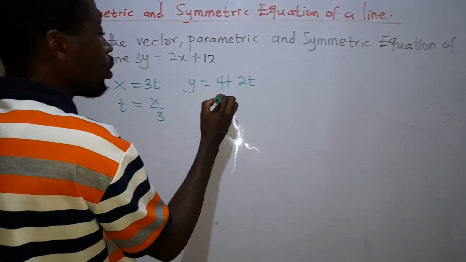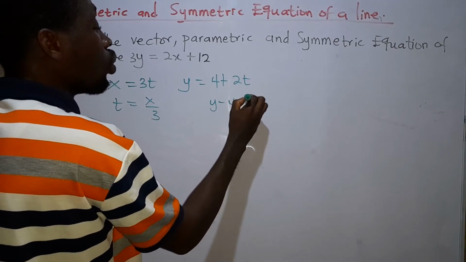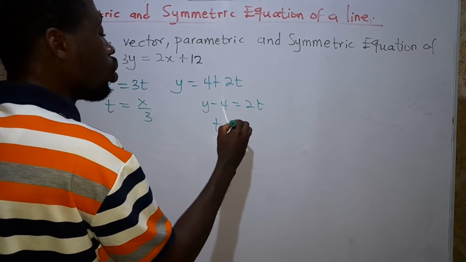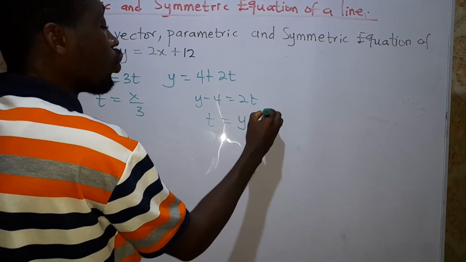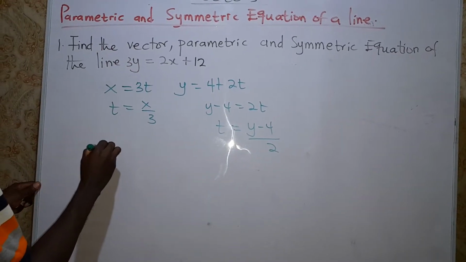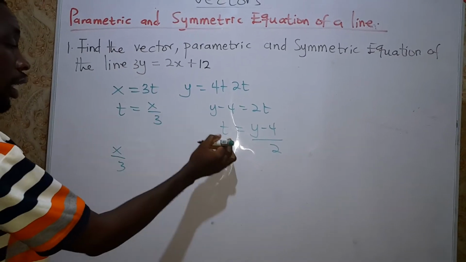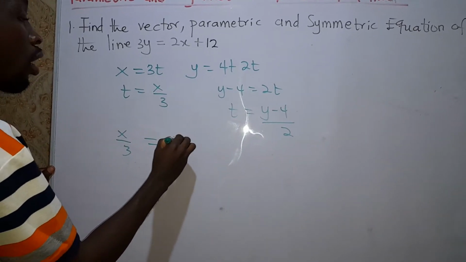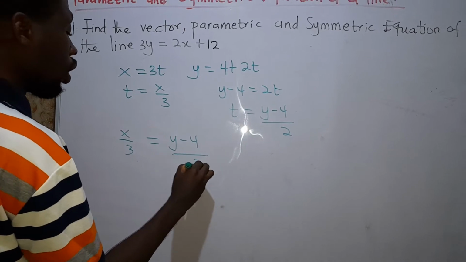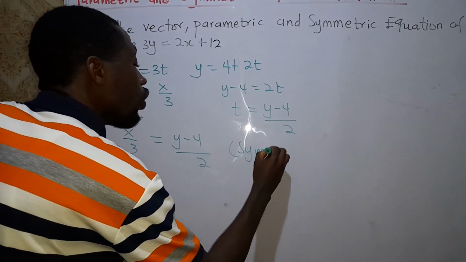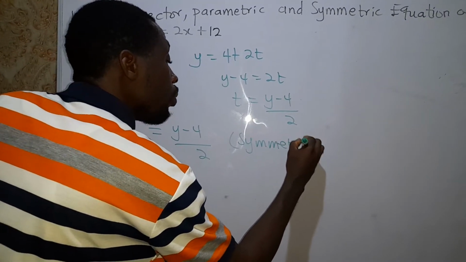Then we have y minus 4 equal to 2t. We divide both sides by 2. Our t will be equal to y minus 4 all over 2. Then since this is t and that is t, we can equate: x over 3 is equal to y minus 4 all over 2. Then this becomes the symmetric equation of the line.